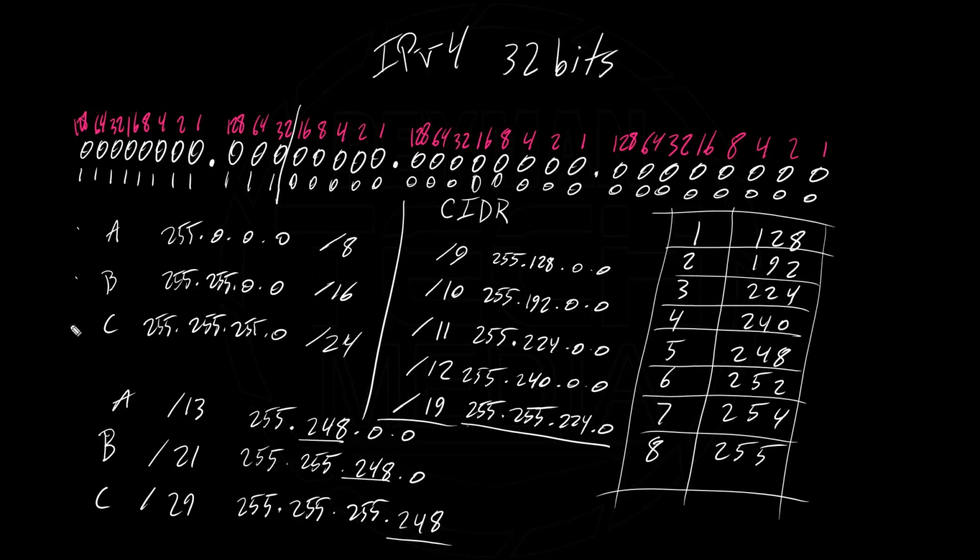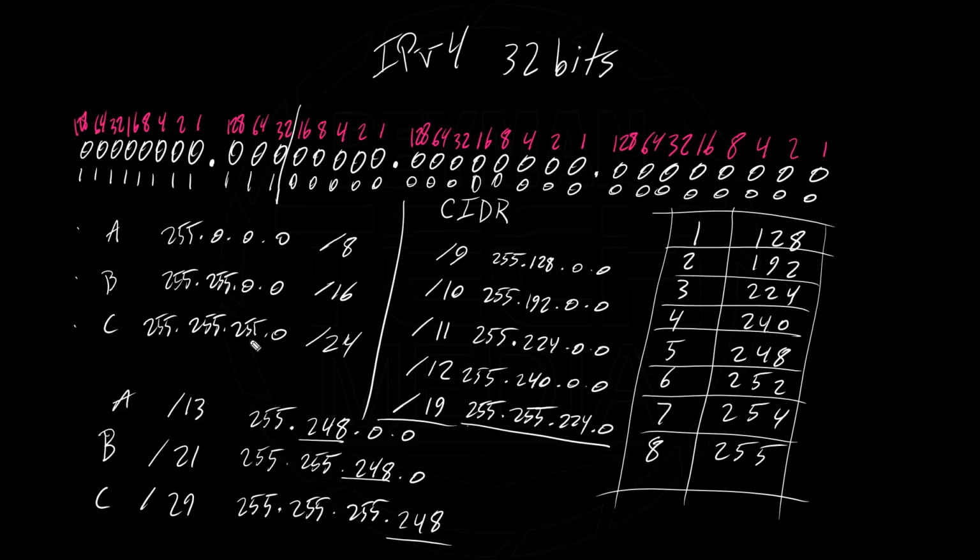With the default subnet mask, we already talked in previous videos about how many available IP addresses we can have in each class. But let's say sometimes we don't want to use all those IP addresses.